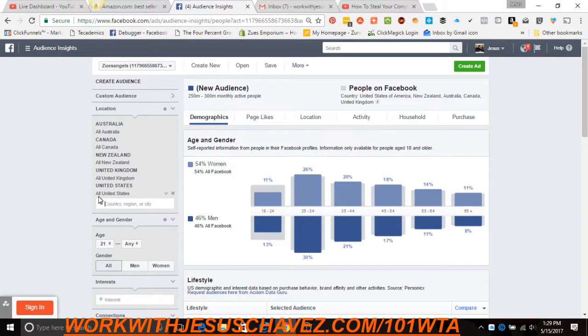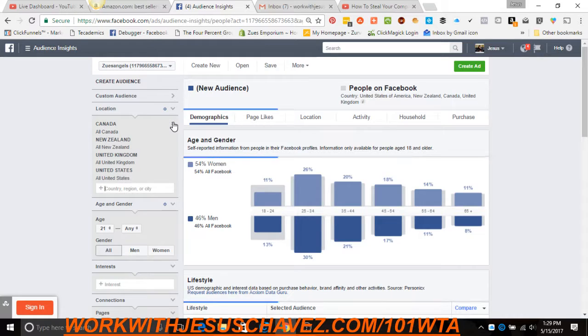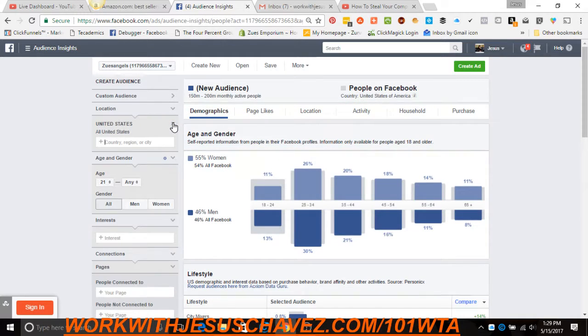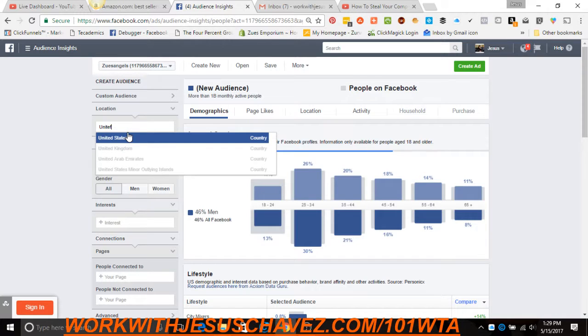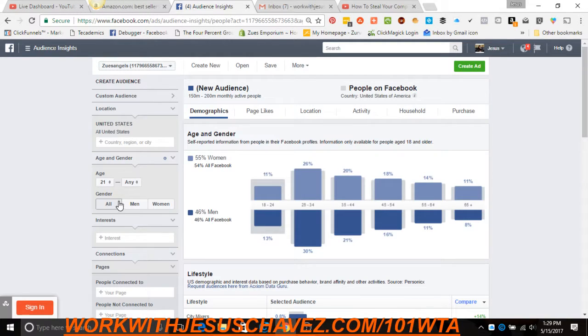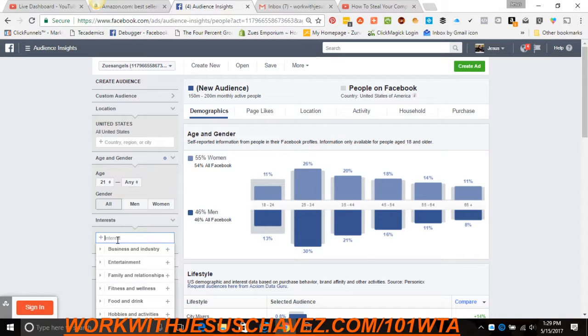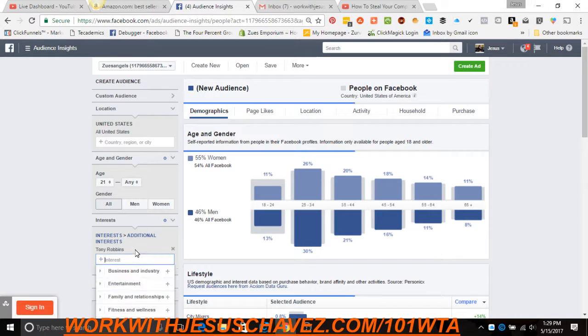Okay, if you were going to do that, you can target those countries. But for research purposes, we're only going to target the United States. Okay, so just for you to get an idea, we're just going to target United States and 21 and over, all. Tony Robbins, author.